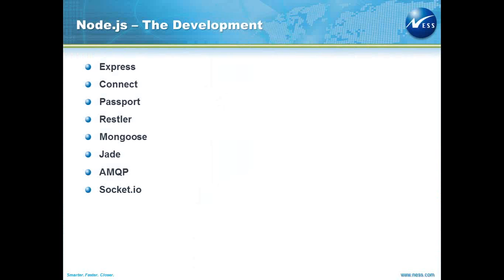As of today, there are close to 22,000 modules floating around. So I have picked a few that we used for our case study in Ness Technologies. Express is a web development framework and a high performance middleware that lets you build web applications with ease.